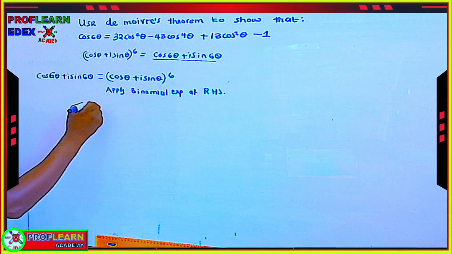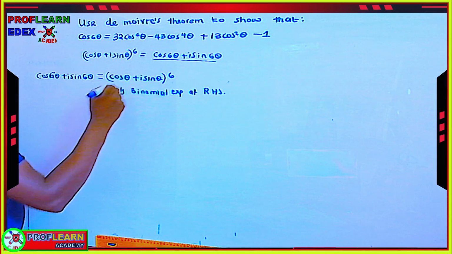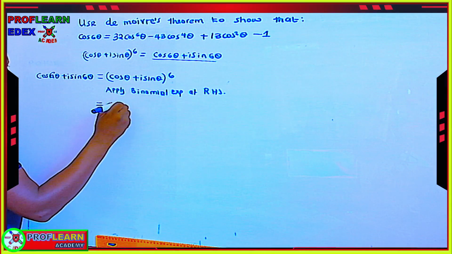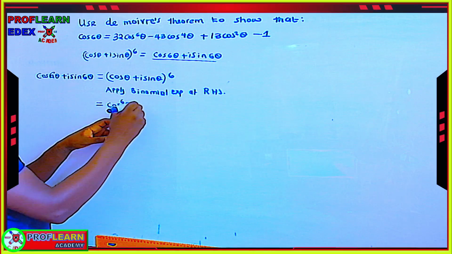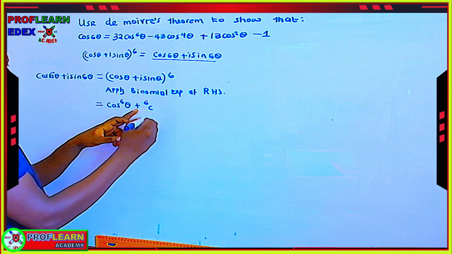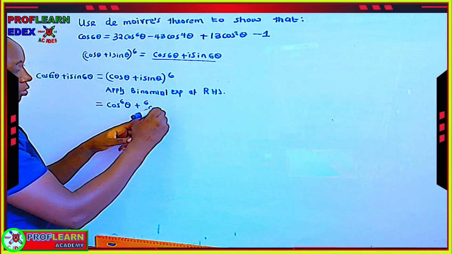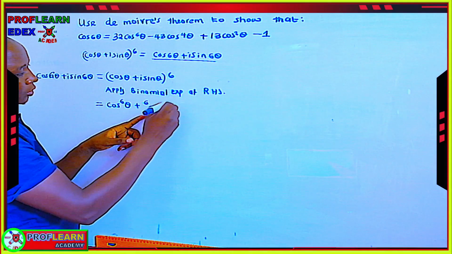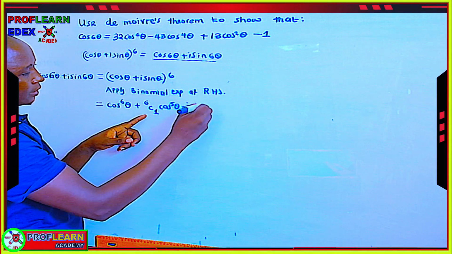So in order to expand this, the first term is cos^6 θ, plus the second term, which will be 6 combination 1, cos^5 θ times i sin θ.